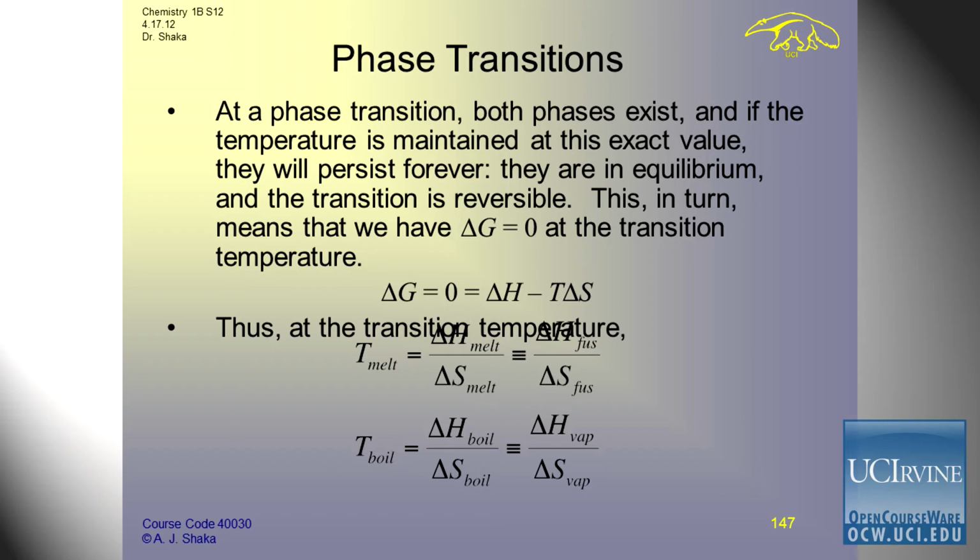So at these specific phase transition points, or let's generalize more, in the case where you have an equilibrium, you can set up the equation as such, where you can find the temperature at equilibrium, you can find the delta H at equilibrium, or the delta S at equilibrium, right? It's a really simple concept, and it just comes from the fact that delta G is equal to 0, right?